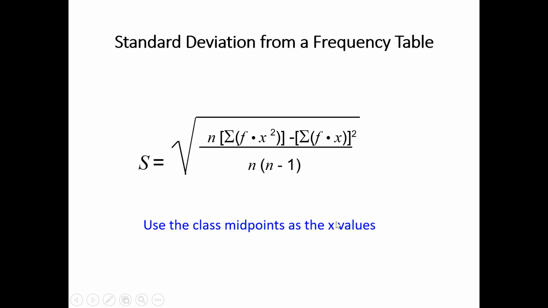X is the class midpoint. For 10 to 15, the class midpoint is 12.5, so use the class midpoint as the X values. If it is 10 to 15, I'm taking 12.5. And the frequency is the number: for 10 to 15, how many are there? That number is what is known as the frequency.